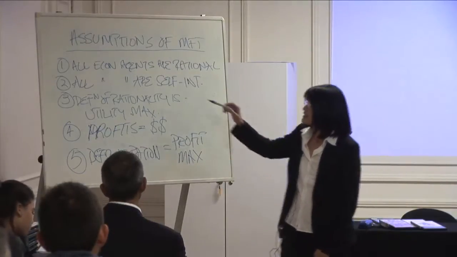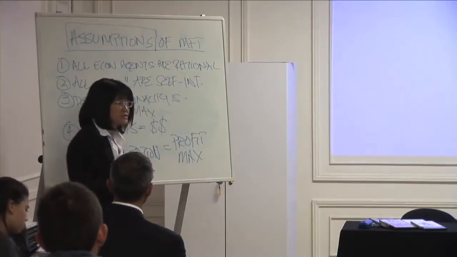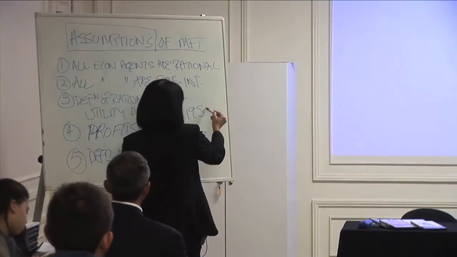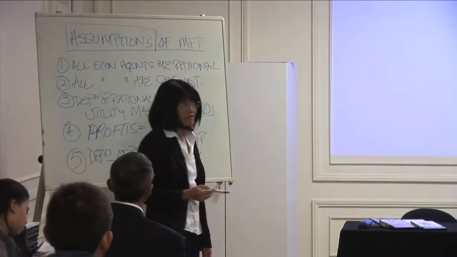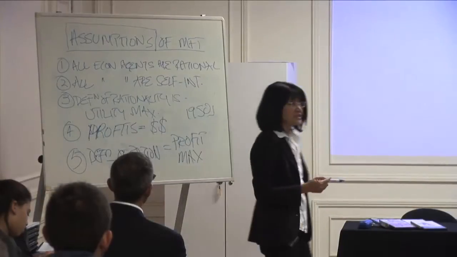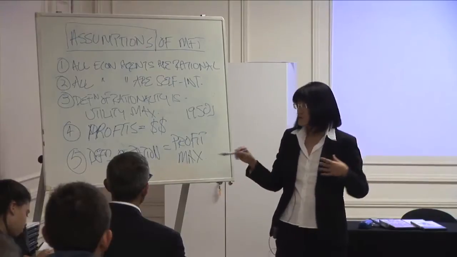Now, as I said, these are assumptions. And by the way, these neoclassical assumptions came around in the 1950s. So modern finance theory is not very old. It's only 60 years old. And yet it has become so much part of our psyche. I don't know if any of you have ever questioned this.